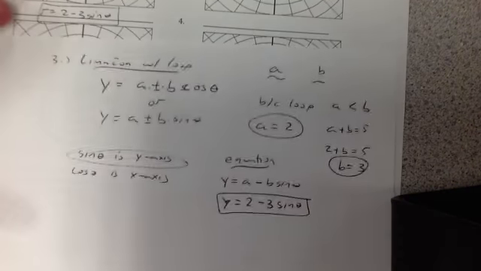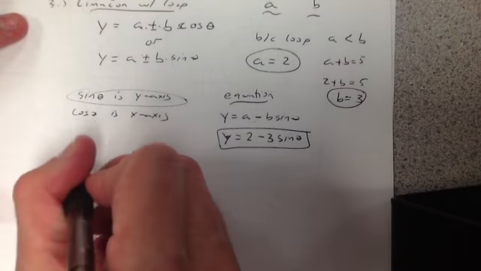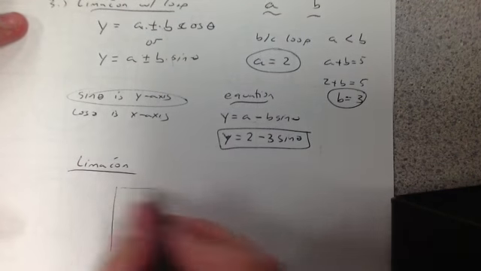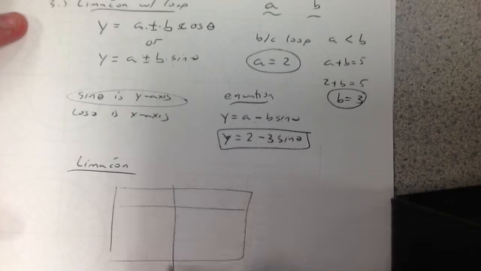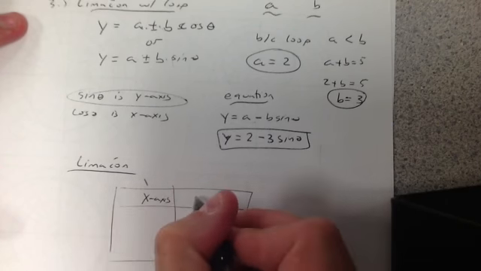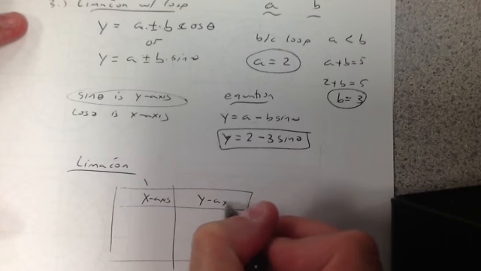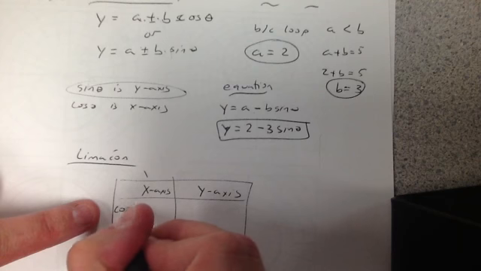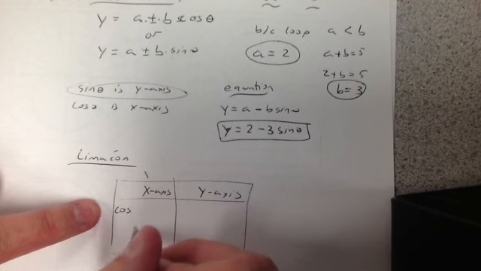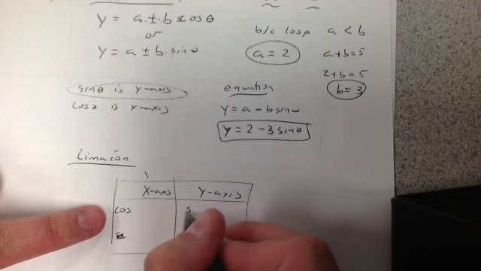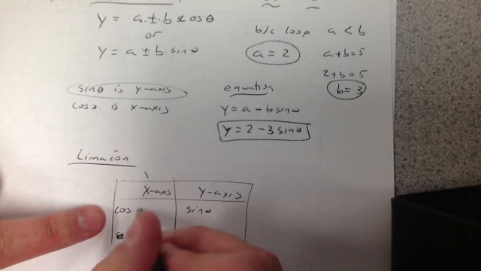A quick hint for all limaçons: if it's on the x-axis, it's cosine. If it's on the y-axis, it's sine of theta.